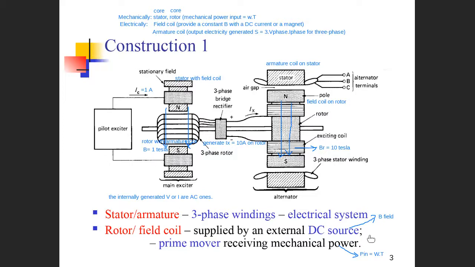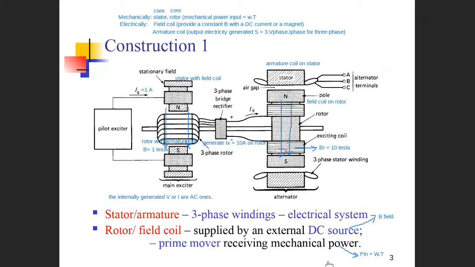Actually, we learned these principles in chapter 3 of electric theory last semester. I will not explain this in detail, but here I'm just showing you that we're using a strong DC-generated magnetic field, and we have the mechanical power input. Because of the rotation in the magnetic field, there is induction.